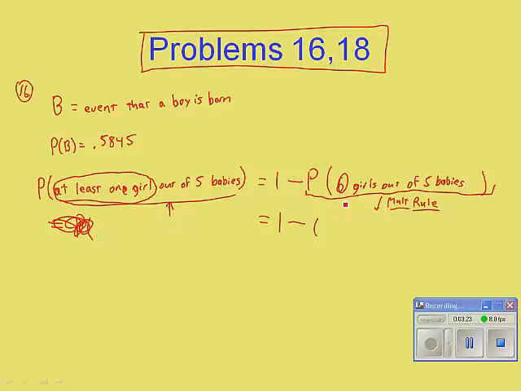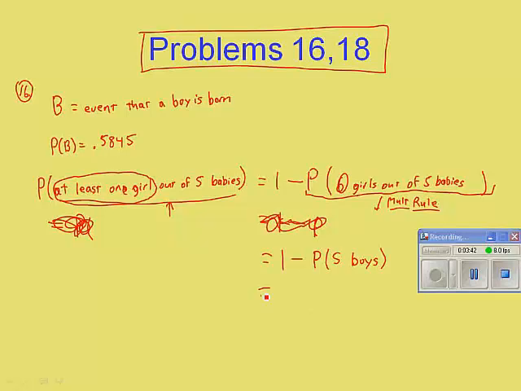Let me write it this way. 1 minus, this probability is also the probability of getting 5 boys. Right? It's the probability of getting 5 boys. So, 0 girls means you got 5 boys.